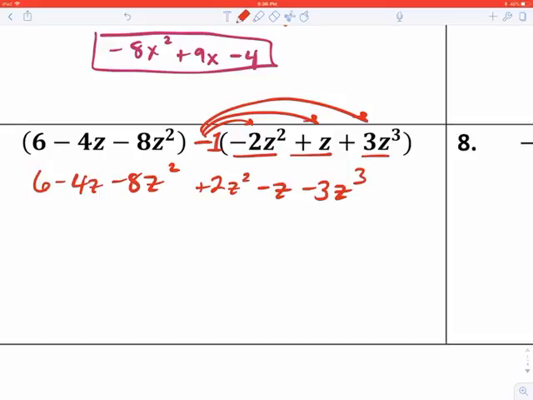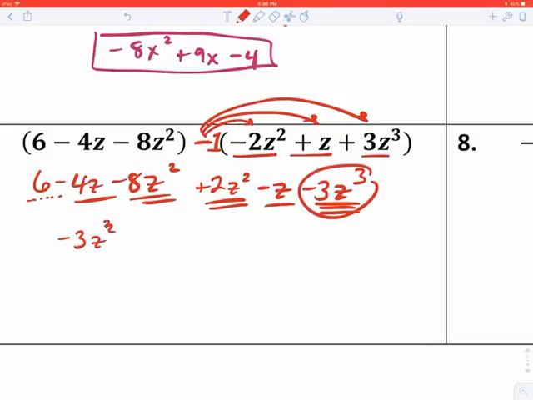Let me go ahead and underline these. So 1, 2, 3, 1, 1, 2, 1, 2, 1, and then maybe the dotted line. Let me start with my biggest terms. I have negative 3z cubed, and then I have negative 8z squared plus 2z squared.